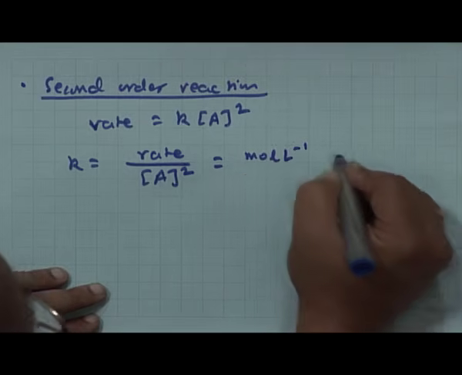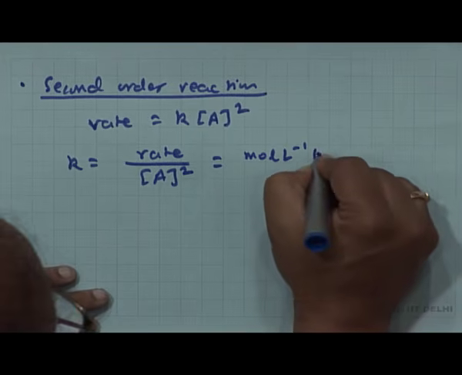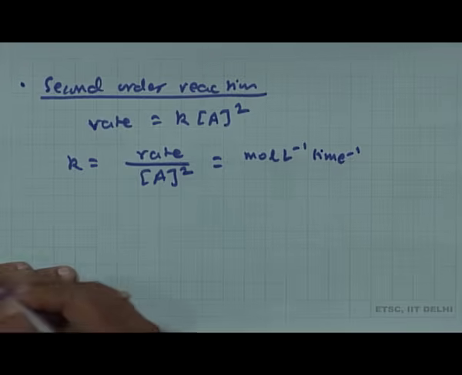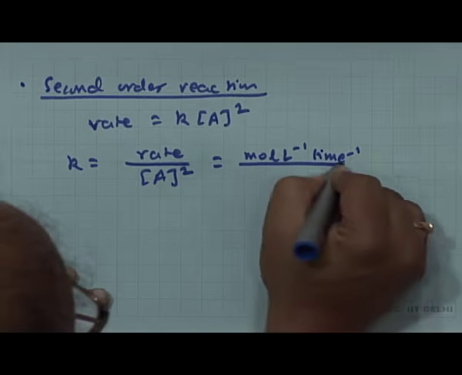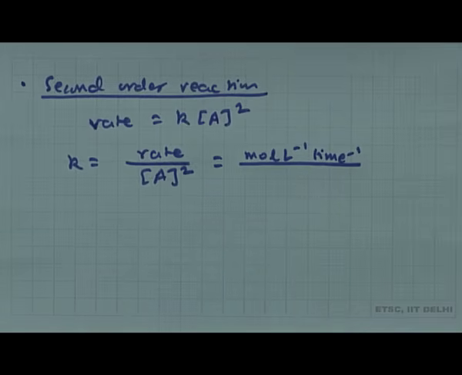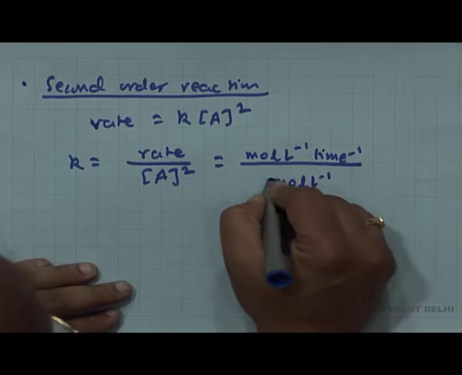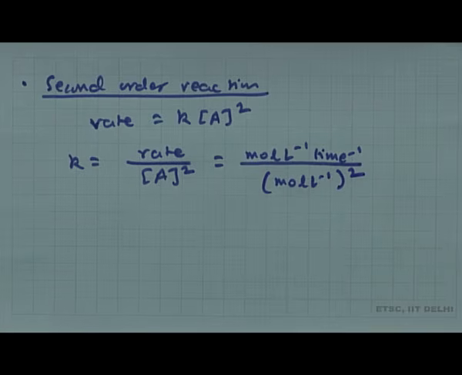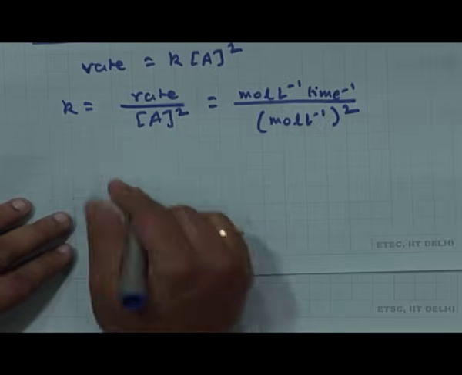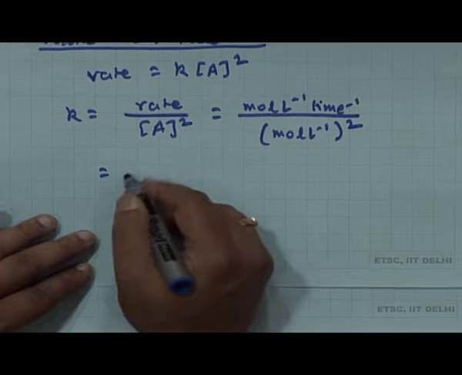Moles liter inverse, concentration being expressed in molar units or moles per liter, then time inverse, over what do we have? We have the concentration of A raised to the power 2, hence we would be having moles liter inverse raised to the power 2, okay, and so one of these would cancel out, right. So, this will go on top.